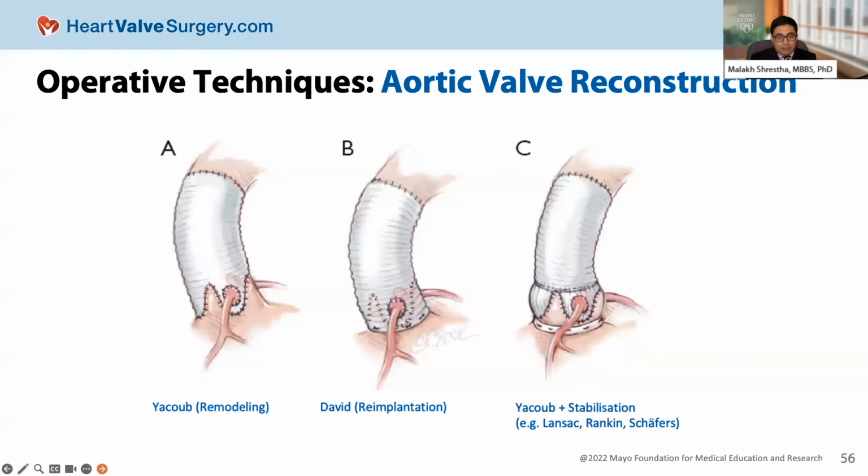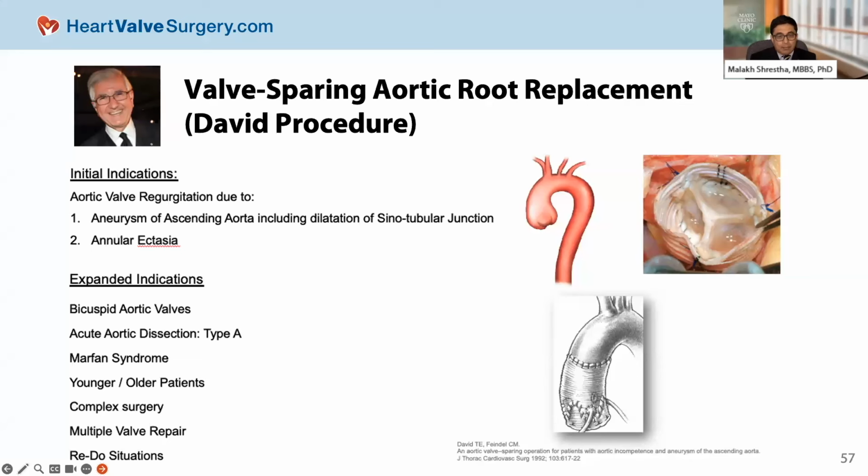Next slide, please. I'm talking more about the David procedure because I used to work in Germany in the biggest aortic center there in Hanover, and we had done the largest series in the world with more than 800 patients. But the technique was developed by Dr. Tirone David from Toronto. If the aorta was dilated, he took out all the dilated aorta and sewed the whole aortic root inside this graft, so there were 2 good things.